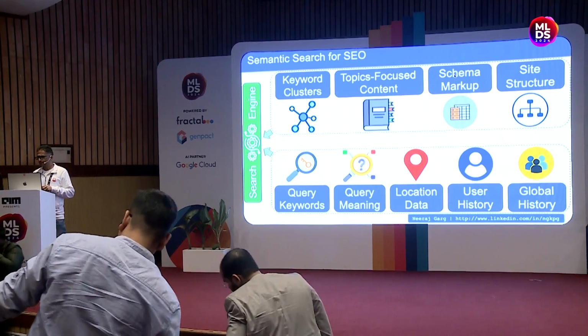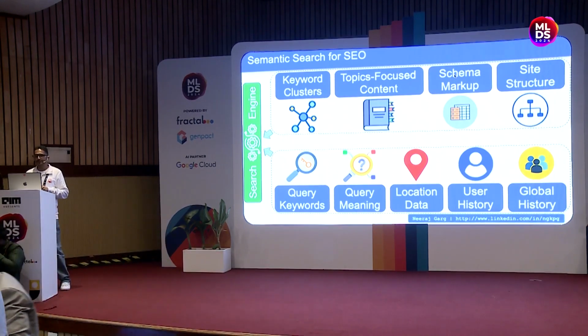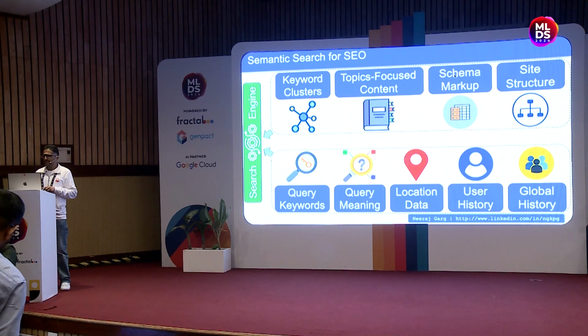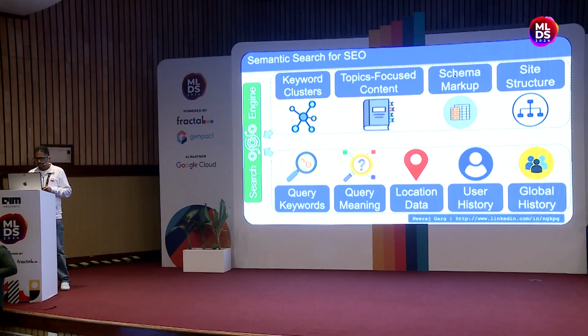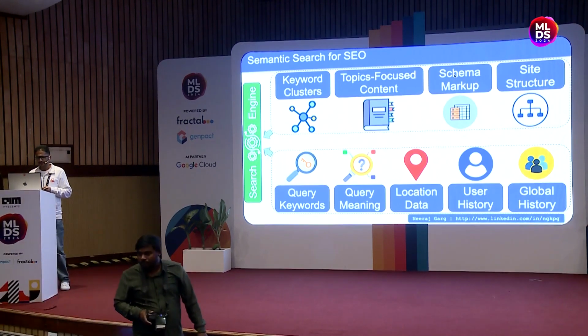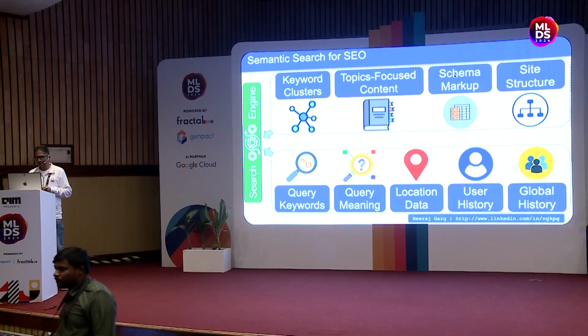And finally, we need to ensure a good site structure. That is, the different types and numbers of elements, sections, pages throughout our website, and also their hierarchy. So if we do all this right, then we should be doing a pretty good job at SEO, at least regarding semantic search. There are many other parameters, of course.